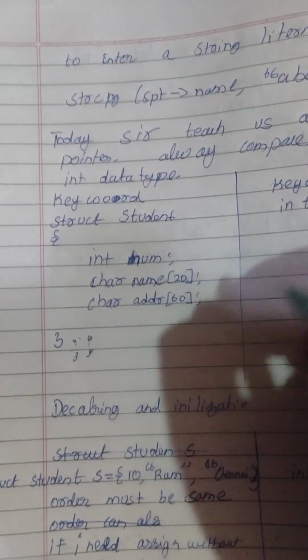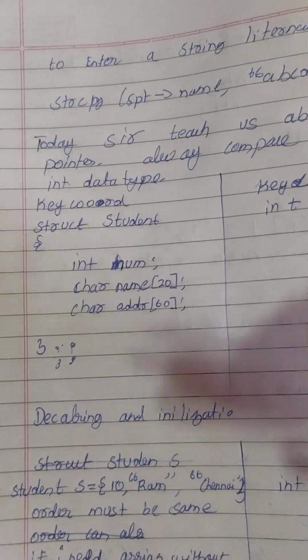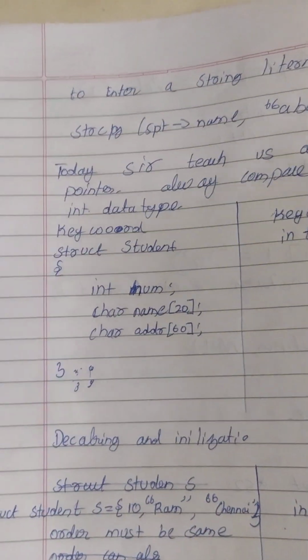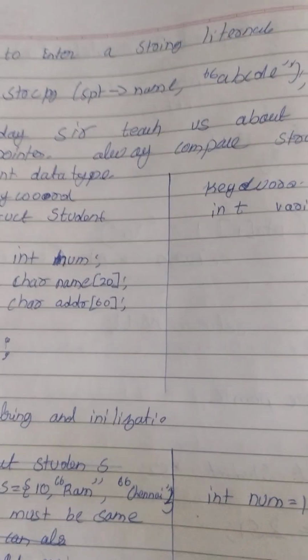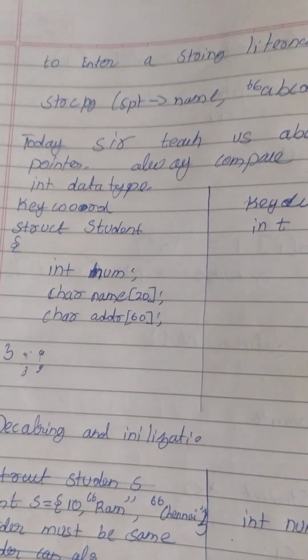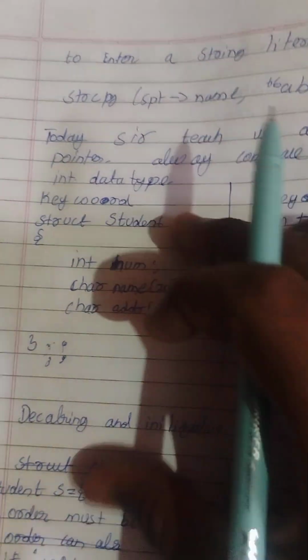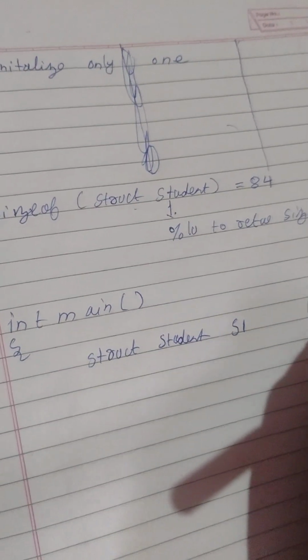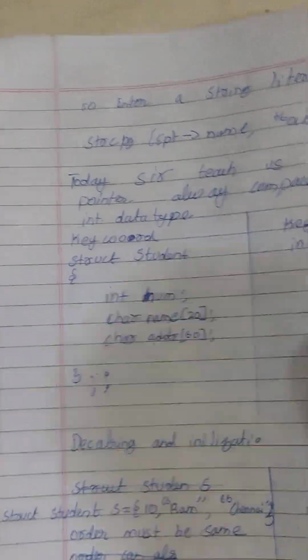Inside a structure we can declare many variables. Here an int is limited to 4 bytes, but here I can declare one int, another int, one char, another char, different data types, because this will act as a single unit.